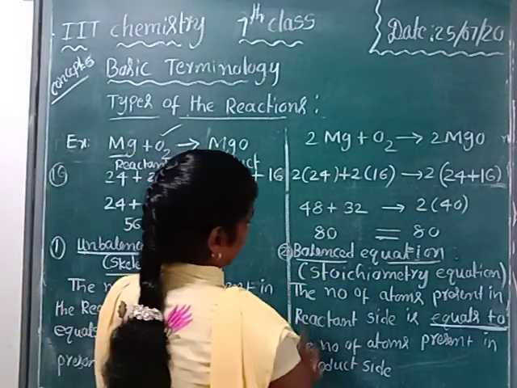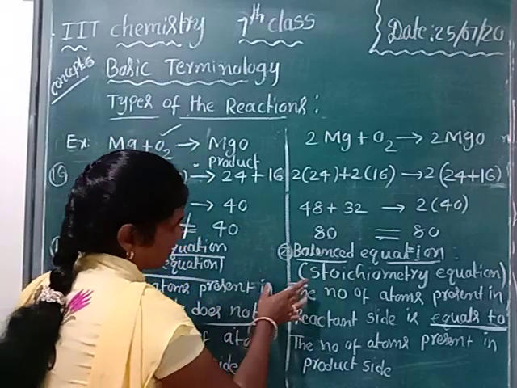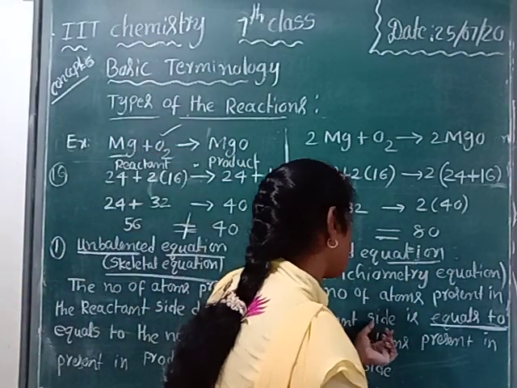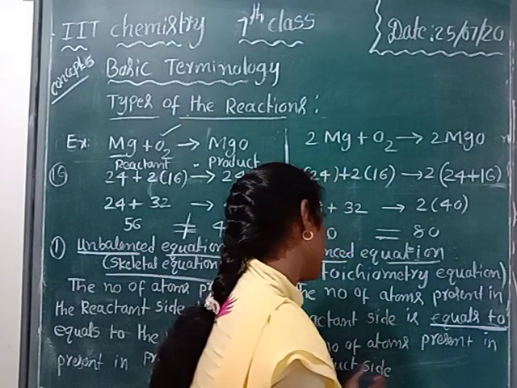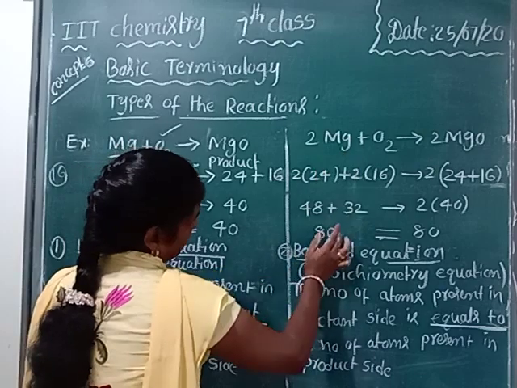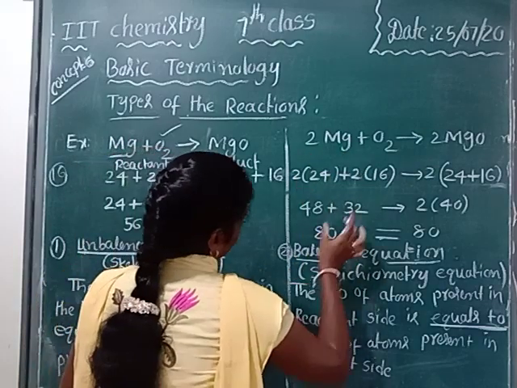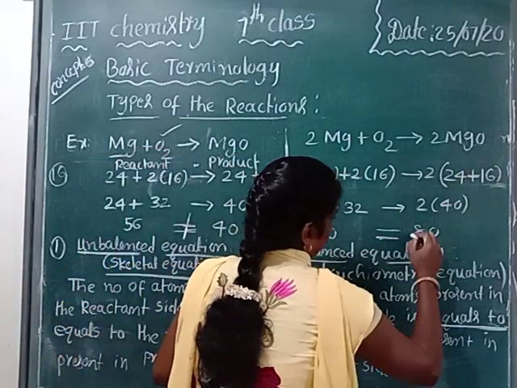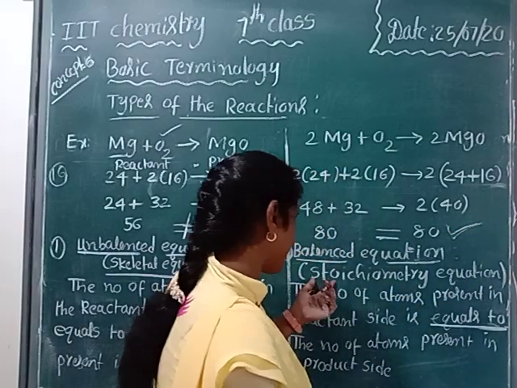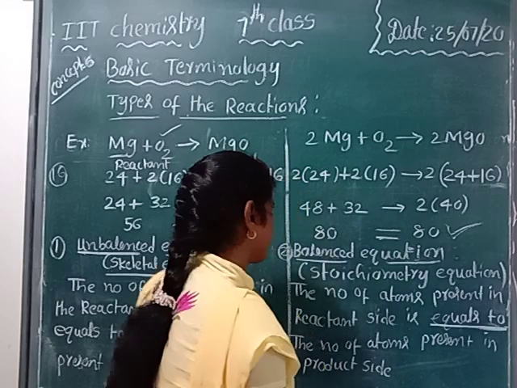Next, balanced equation means stoichiometry equation. The number of atoms present in the reactant side is equal to the number of atoms present in the product side. And the other definition: the total mass of the reactant side is equal to the total mass of the product side.